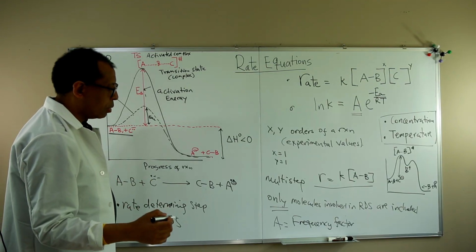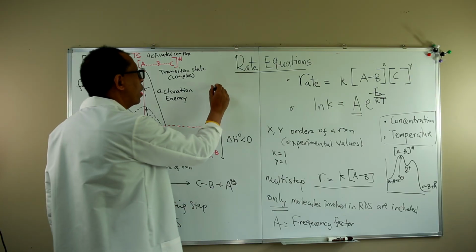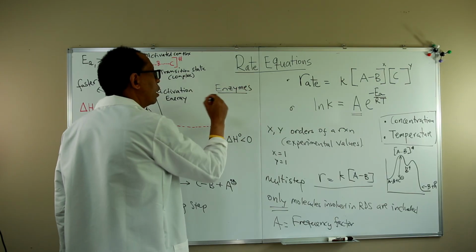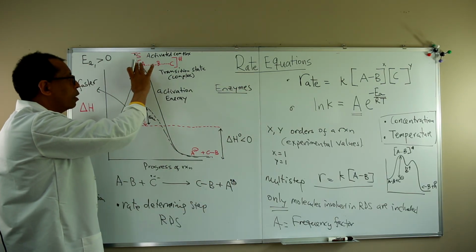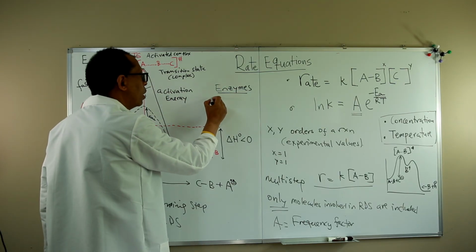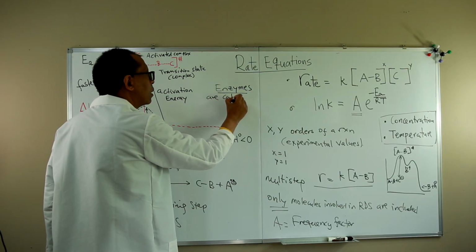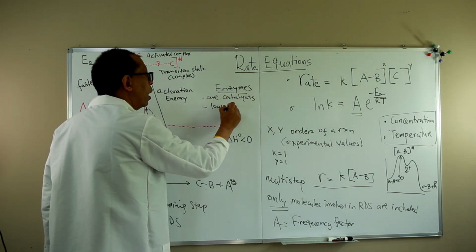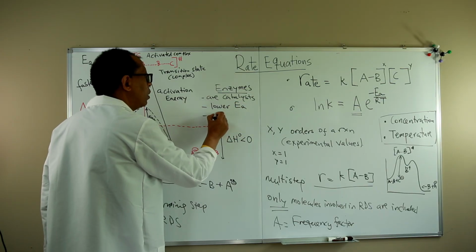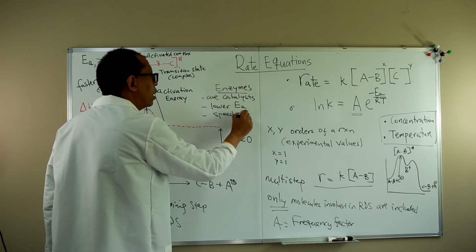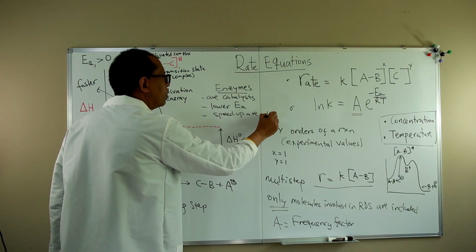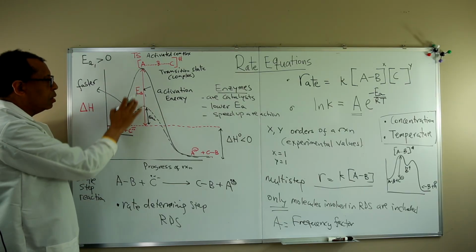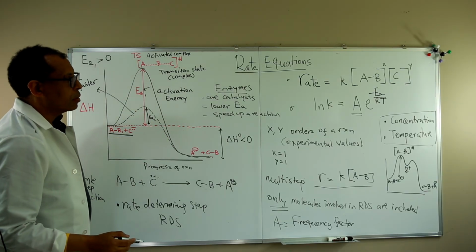So enzymes are catalysts. They are not participating in bond breaking or bond making, but they lower activation energy, which speeds up a reaction. That's the role of enzymes: to lower activation energy so that the reaction goes faster.